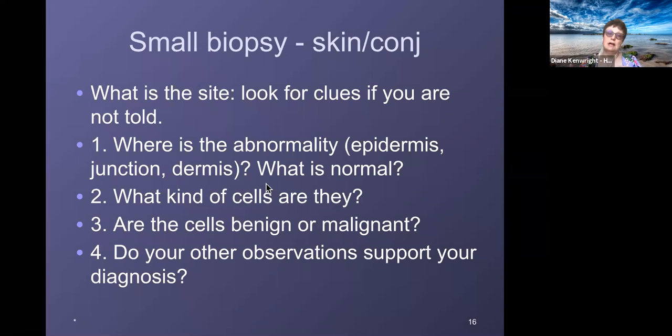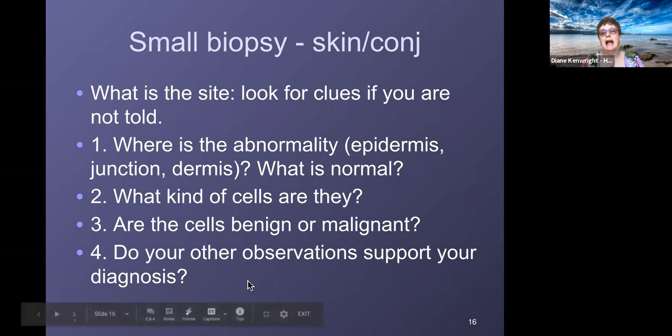Are they squamous cells? Are they basal cells? And then, are the cells benign or malignant? And this is where we apply our knowledge. We look for mitoses and we look for hyperchromatism and pleomorphism. And then we make other observations to support our diagnosis. So for example, we might have a big lump of purple cells that is in the dermis, that's got lots of mitoses in.